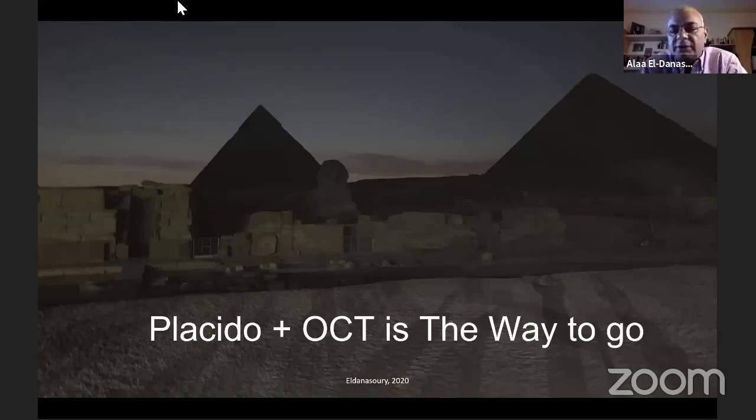You cannot rely on it. A good example, as I mentioned, after the cross-linking, measuring the thickness with the Scheimpflug is absolutely wrong. You cannot rely on this. We have thousands of cases measured with the Scheimpflug, but the correct way to measure the thickness is the OCT and not the Scheimpflug.